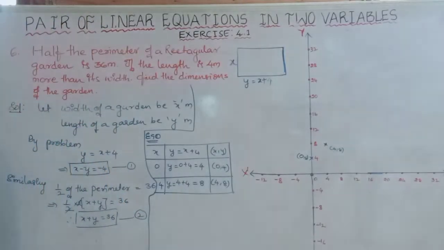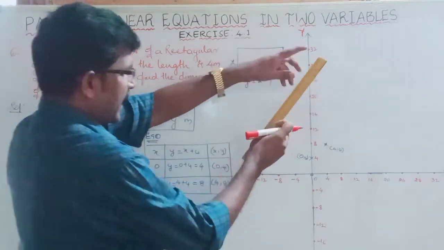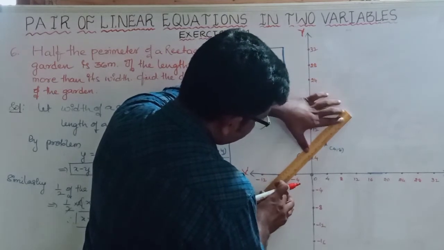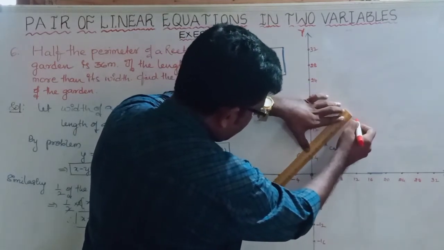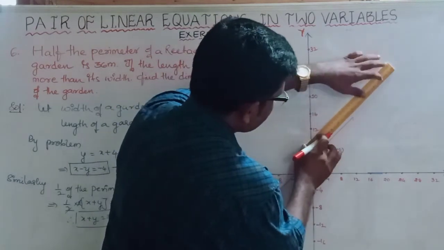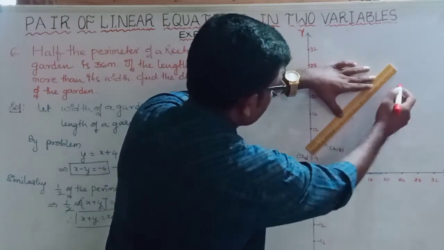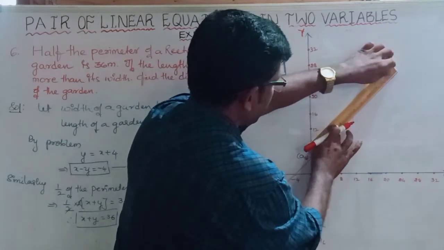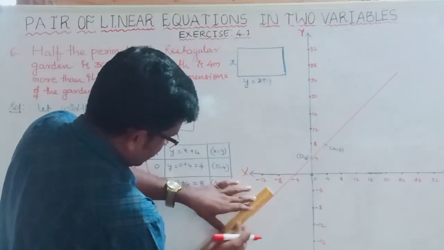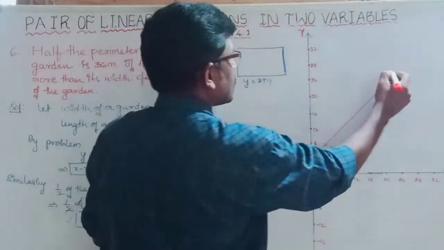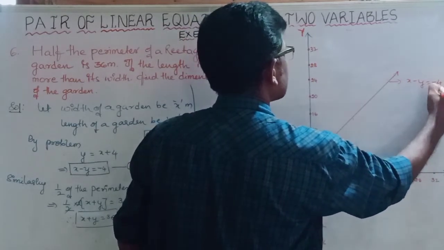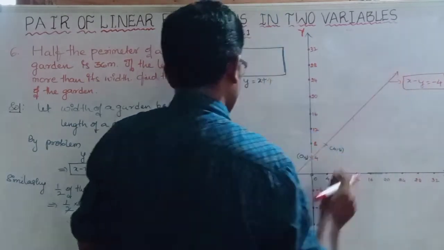Draw a straight line through these 2 points, extending on both sides. The line represents x minus y equals minus 4.